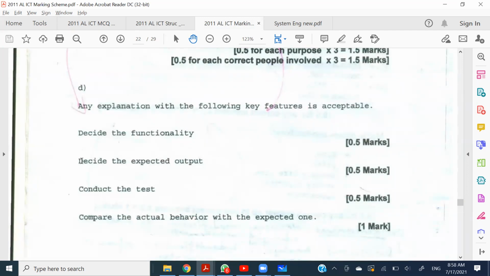So we conduct the test. How are we going to conduct the test? We will give some mobile phone number and press the phone call button to create a call, right? Then we are expecting it to be connected with the other party. If it gets connected, then we say the test is passed. If it is not connected, we have to check for the errors.